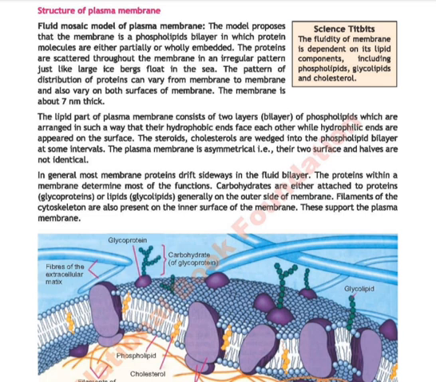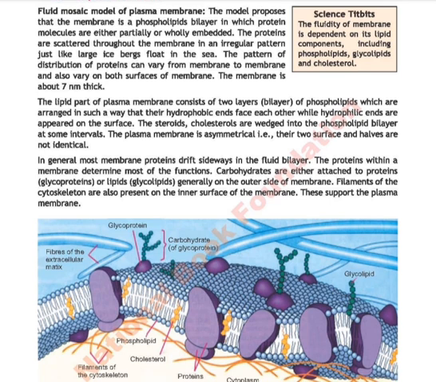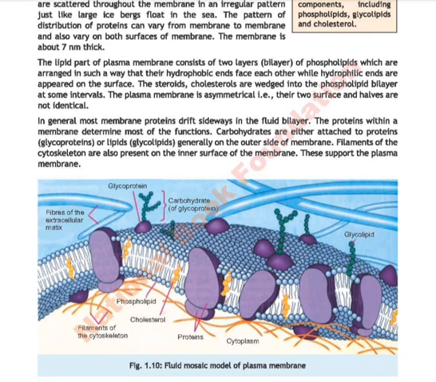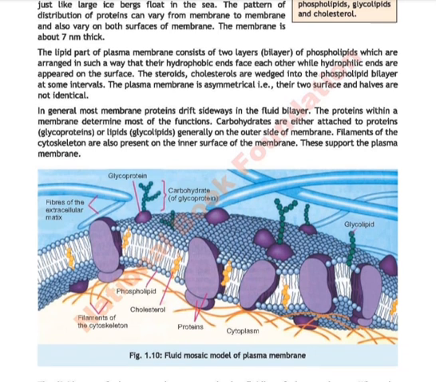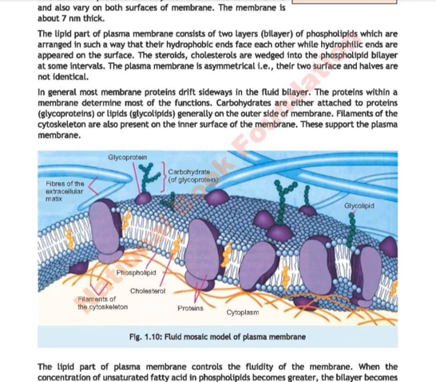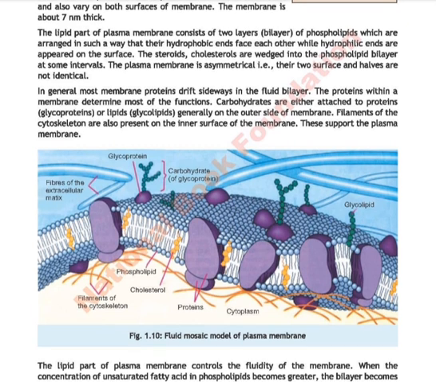The proteins are scattered throughout the membrane in an irregular pattern, just like a large iceberg floating in the sea. The pattern of distribution of protein can vary from membrane to membrane and also vary on both surfaces of the membrane. The membrane is about 7 nanometers thick.